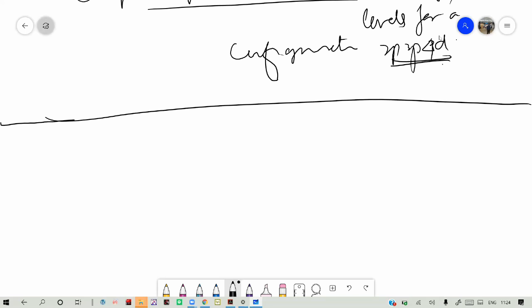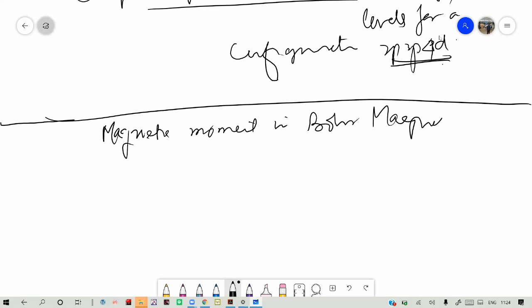Find the magnetic moment in Bohr magneton of an atom in the 3p2 state. This is a spectral term, 3p2. Any idea how you will do it?